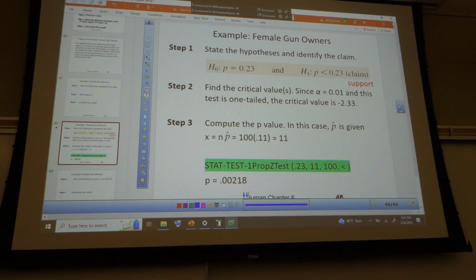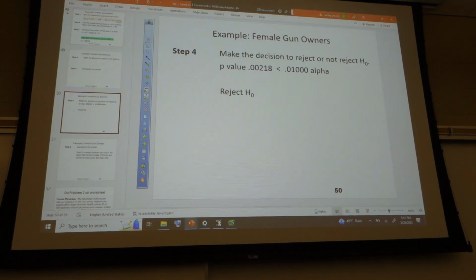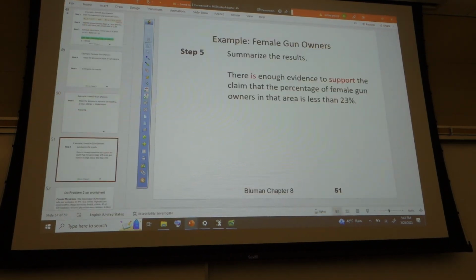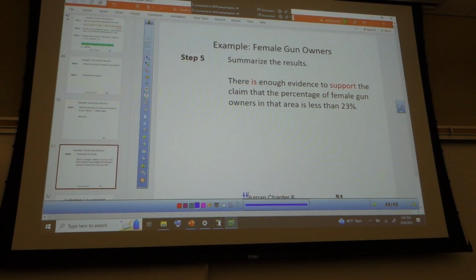We're just writing down alpha, so that's a little bit different. And then step 4, because our p-value is less than alpha, we're going to reject H naught. And then finally in step 5, there is enough evidence to support the claim. Female gun owners in that area is less than 23%.